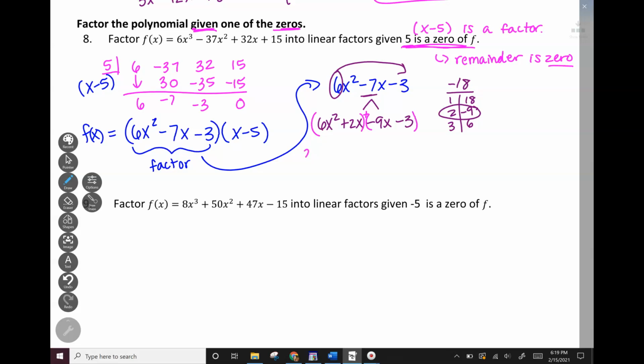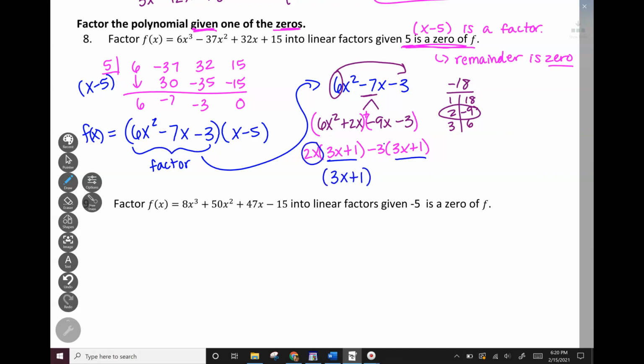We factor out the GCF for each group. Anytime there's a leading negative, like in front of the 9 here, you want to make that part of your GCF. Okay, and now you've got these matching two binomials, 3x plus 1, so that's one factor.